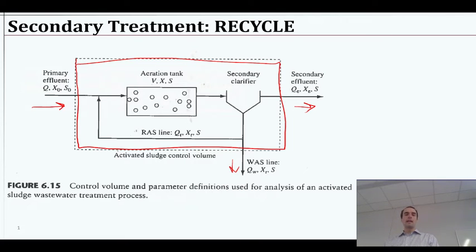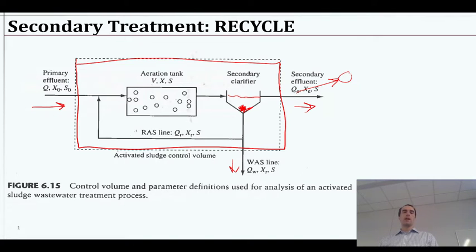But at the end of the day, what's going to be really important is the fact that the clarifier separates bacteria. So if there's not much bacteria exiting here, if the X goes to 0, then we have maybe some bacteria coming in, but not much.